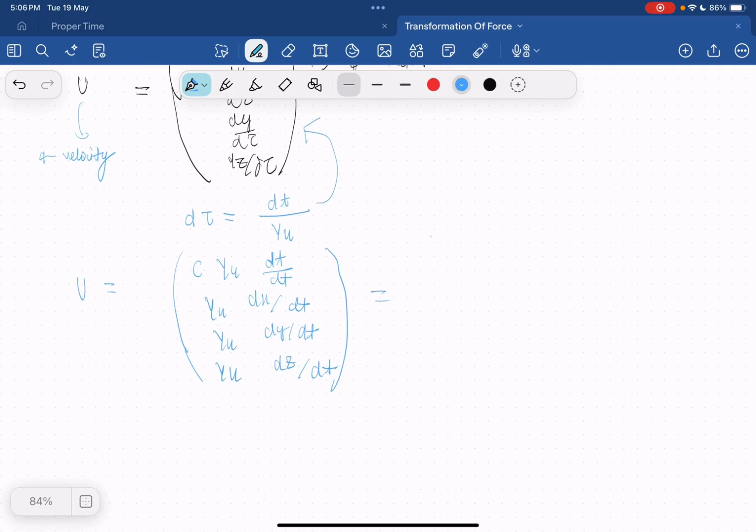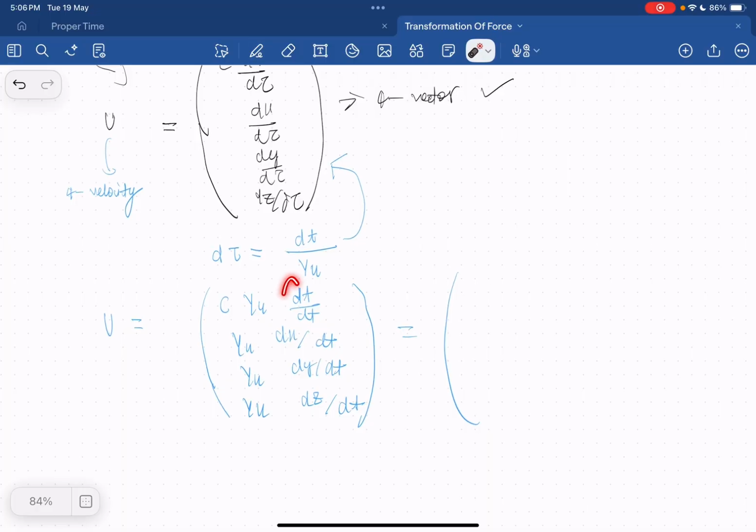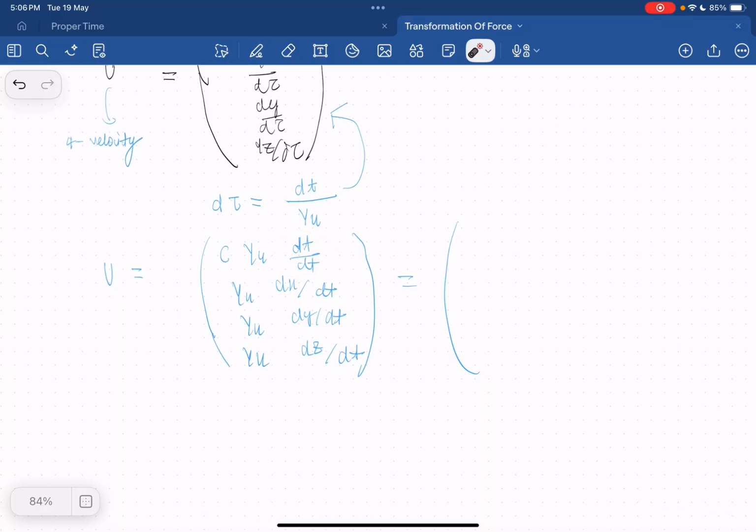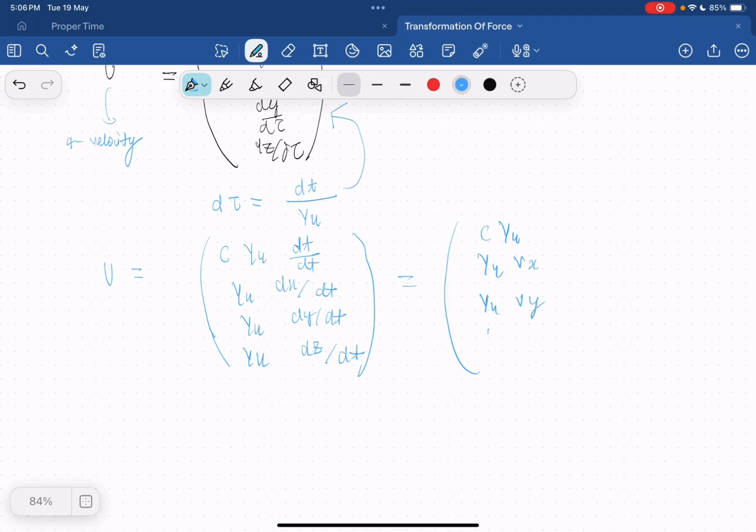Now dt by dt becomes 1, and these are the x, y and z components of the spatial velocity, all written with respect to frame S. So we can rewrite these as c gamma u, gamma u vx, gamma u vy, gamma u vz.